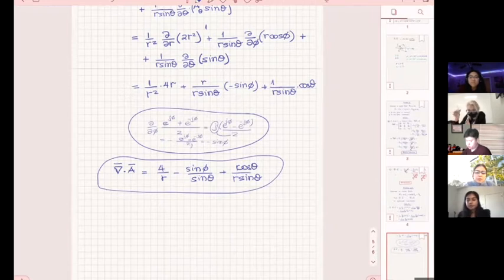What page of the book is the equation for the divergence for spherical coordinates on? In our book, I don't have our book, but okay, 1 second, 1 moment.